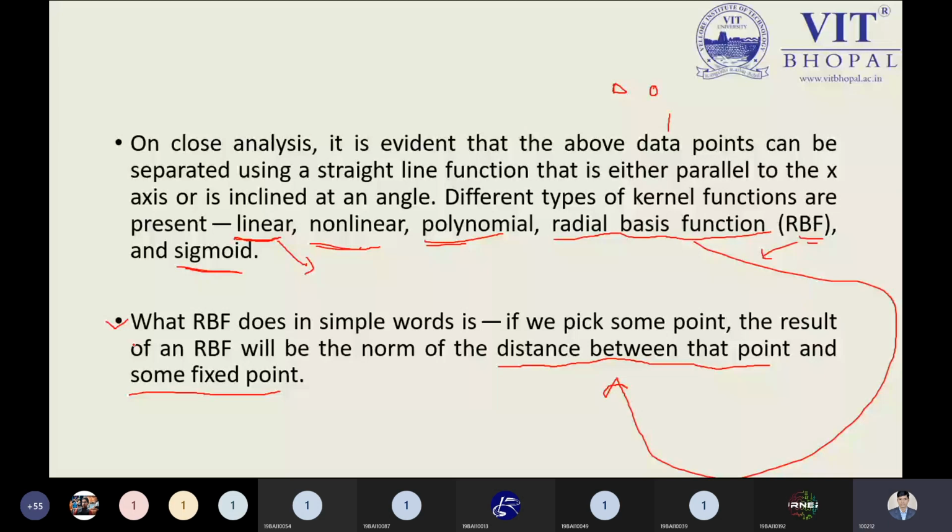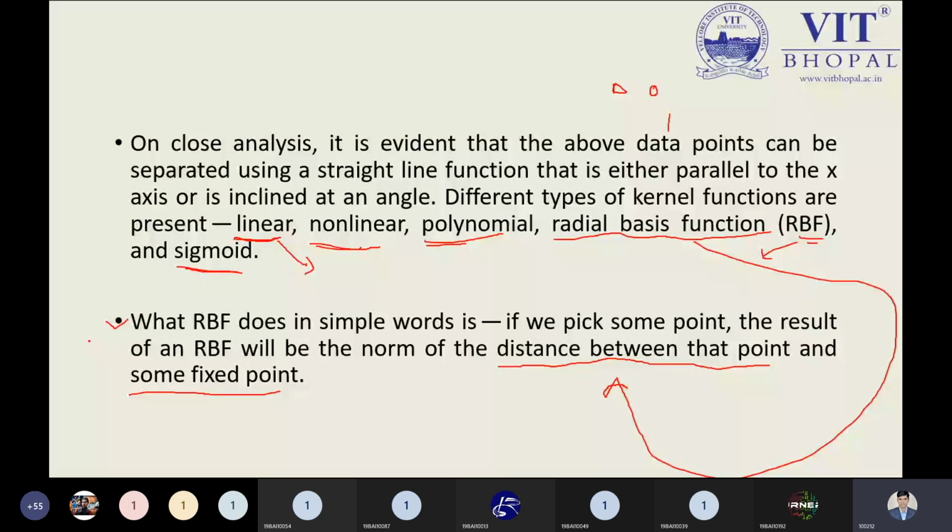So see, SVM is basically designed for classification problems. In classification we have different performance measurement criteria: accuracy, precision, recall. Other than these, we have the Z score, the F score, and other parameters. So if I choose linear, maybe I can get accuracy of 70 or something.